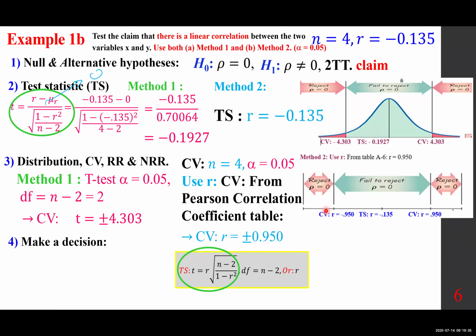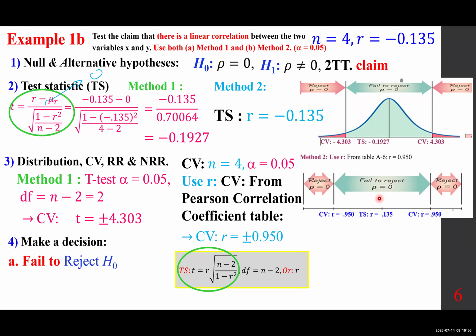Remember, correlation goes from -1 to +1, okay? You have negative 0.95 here, positive 0.95 here, and this number belongs somewhere. It belongs in between, way inside the non-rejection region.